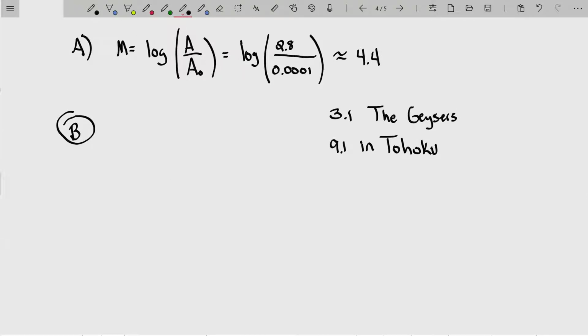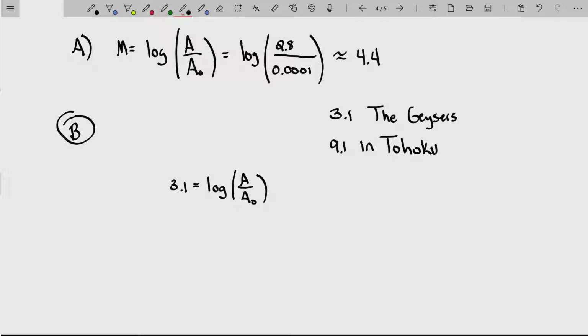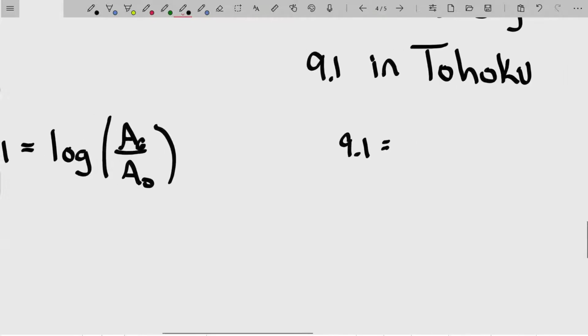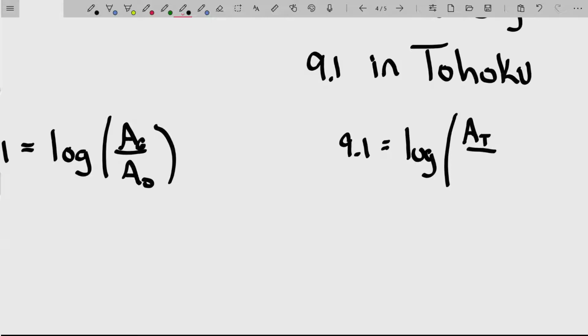So if you write down the formulas for both of these, 3.1 is equal to log of whatever the power was for the earthquake at the Geysers, divided by the smallest measurable quake, and we'll compare that to the earthquake in Japan. By the way, I should probably label this A sub G, and we'll label log of A sub T for Tohoku, Japan, over A sub 0.